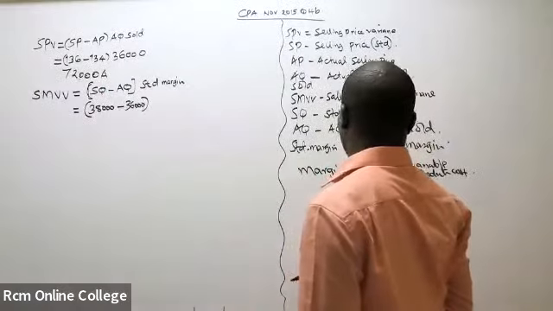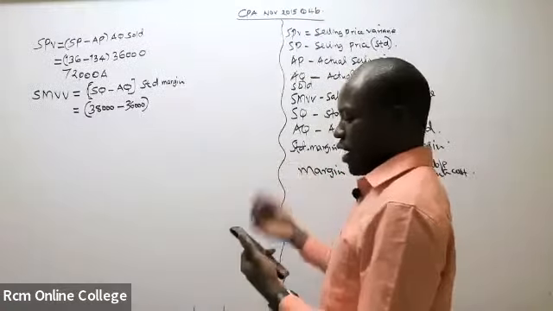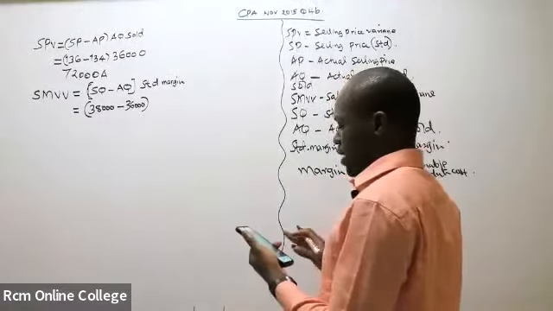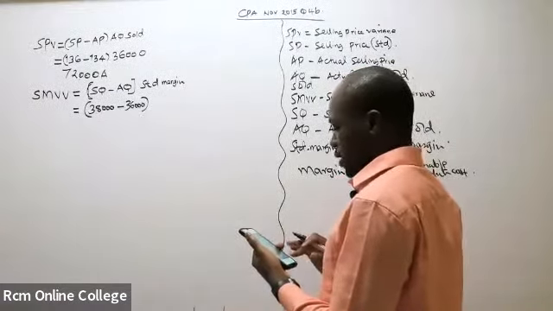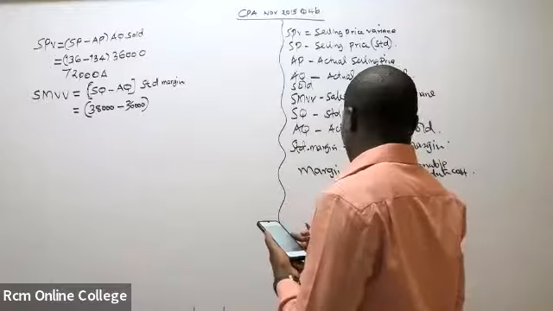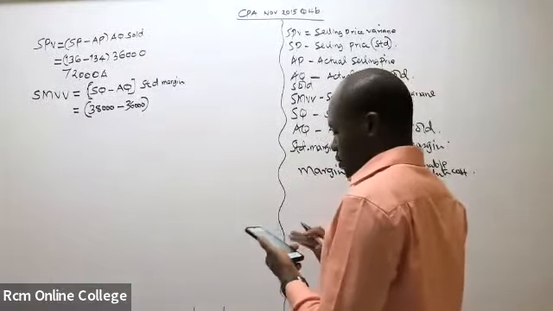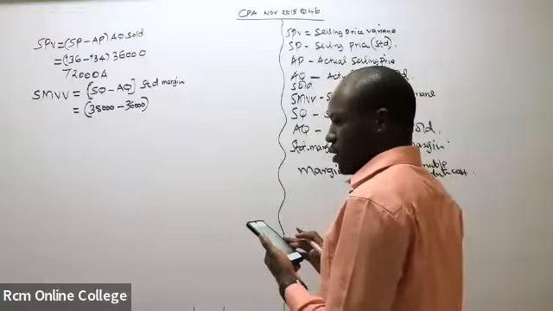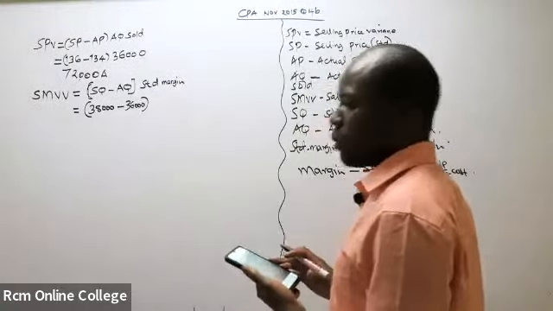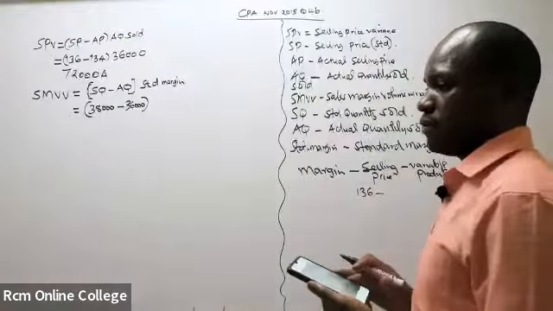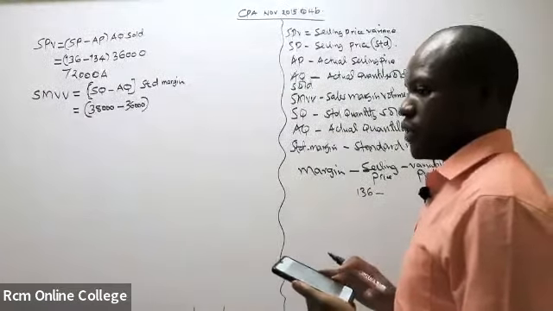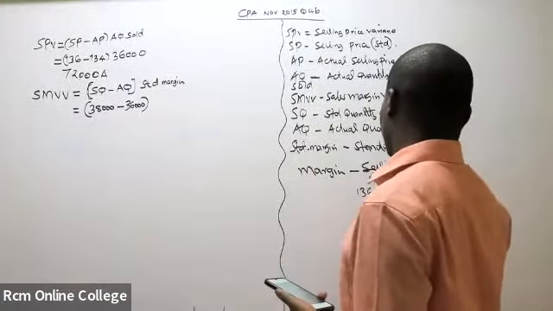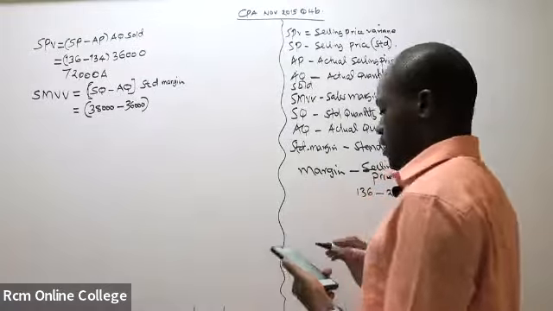Minus variable production cost, we have direct material, we have direct labor, right? And variable production overhead if it is there. Let's start with direct material. What was the cost of direct material per unit as per the standard? 20. Minus labor.